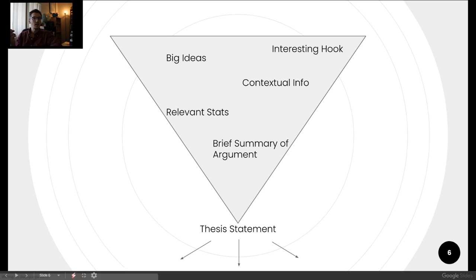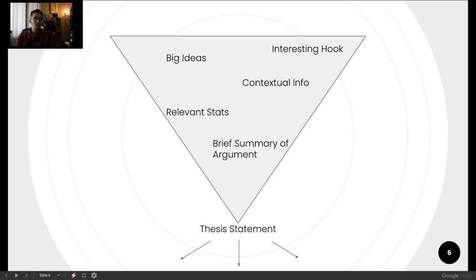You're providing context as far as what's happening, some broad, relevant scenarios, maybe historical events, relevant statistics, things like that, in order to create a context so that what you say about your topic is relevant. And then maybe a brief summary or argument. However, the thesis statement that we said is required in the introduction should be the last sentence of your introduction. So that's why it's at the bottom.